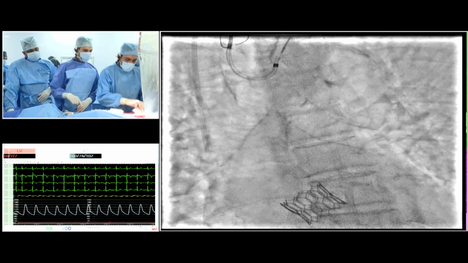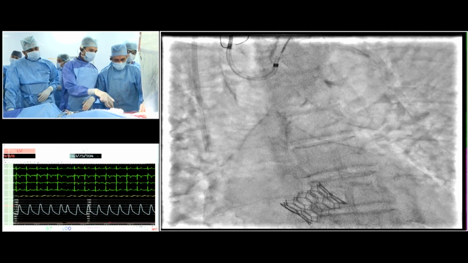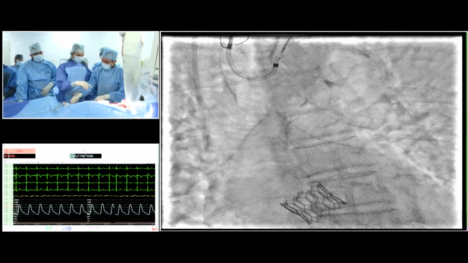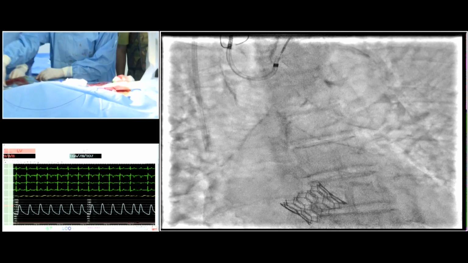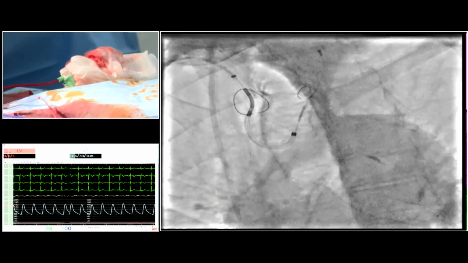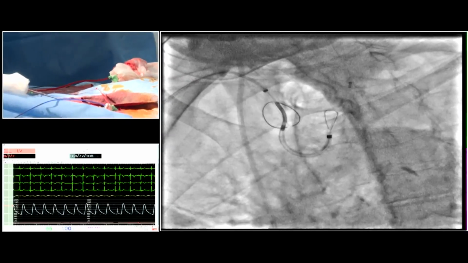It's already pre-assembled. It was easy for you to track it. And I think the deployment was very precise. As you mentioned, there was no foreshortening. That's exactly what we actually saw. So I'm quite impressed by this technology. I think it's terrific.